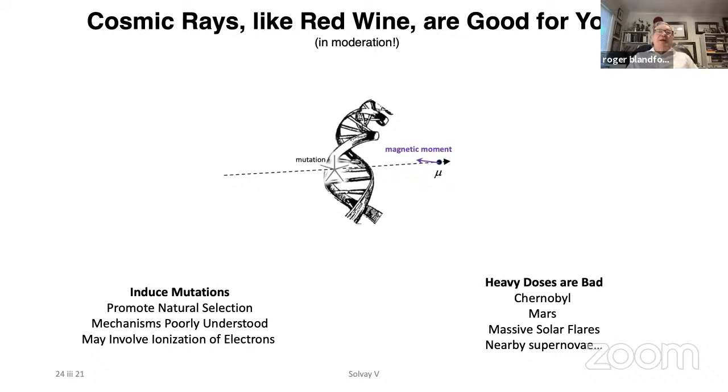But a little bit of this allows a gradual change over many, many generations to promote evolution, natural selection as originally envisaged by Darwin, to proceed. And of course, as one knows from Chernobyl and other examples, heavy doses of radiation are bad, because this isn't a gradual evolution that is being promoted here.